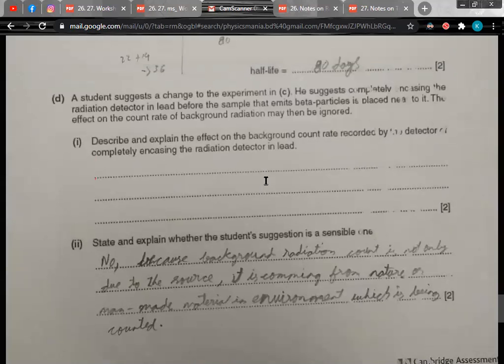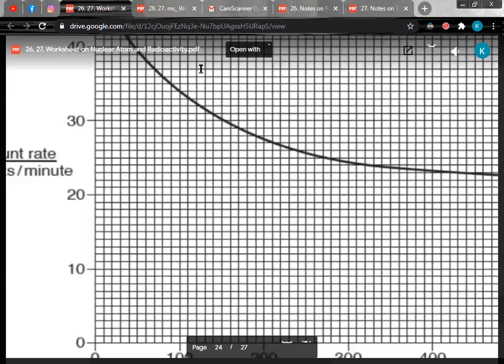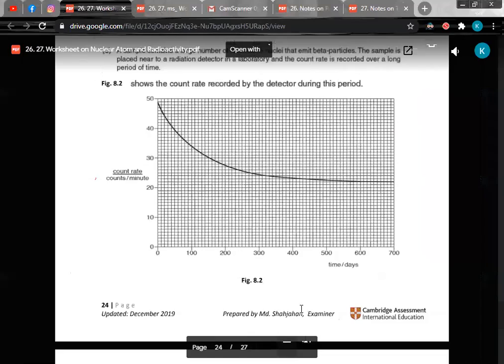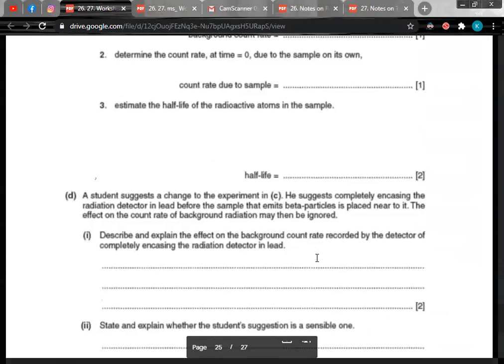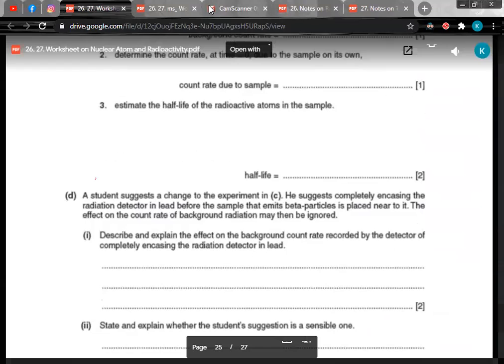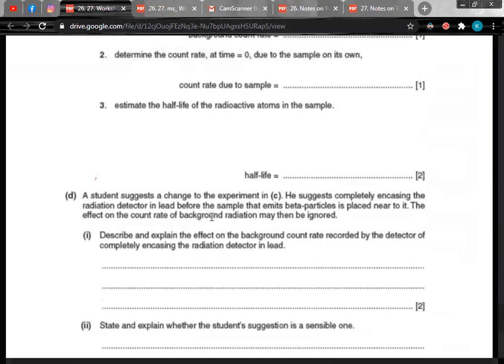D. A student suggests a change to the experiment in C. He suggests encasing the radiation detector in lead before the sample that emits beta particles is placed near to it.